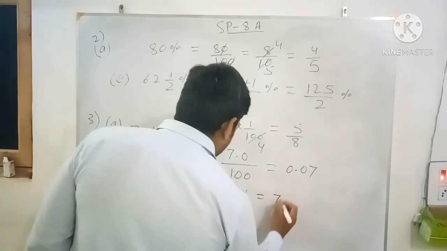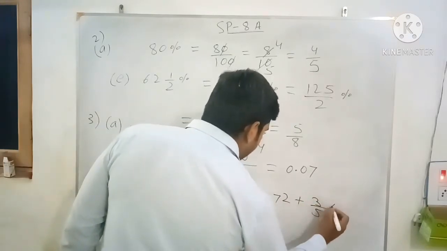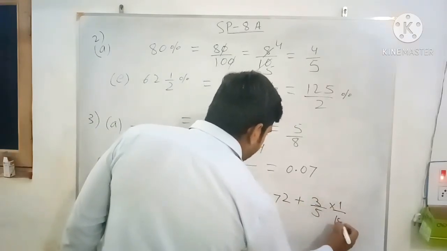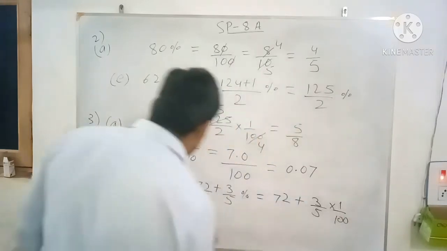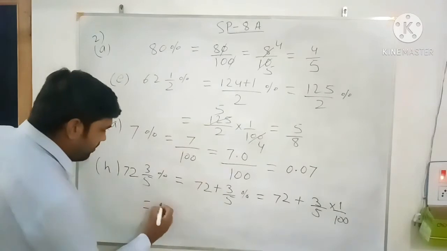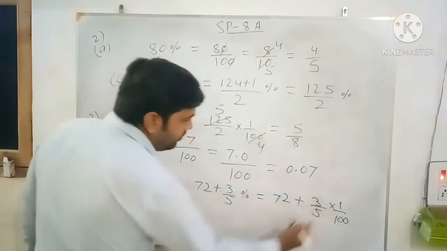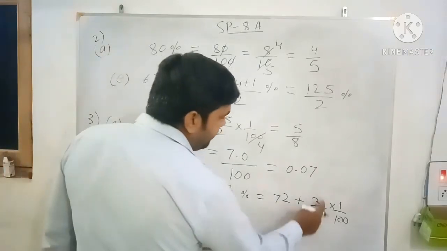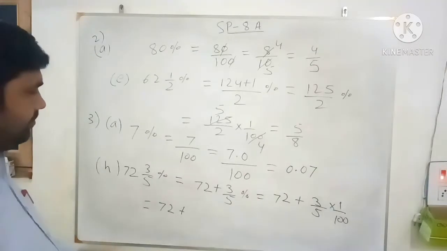Now 72 plus percentage means 3 by 5 into 1 by 100. See what we get here. 72 plus, now 3 by 5, we can write 3 by 500.